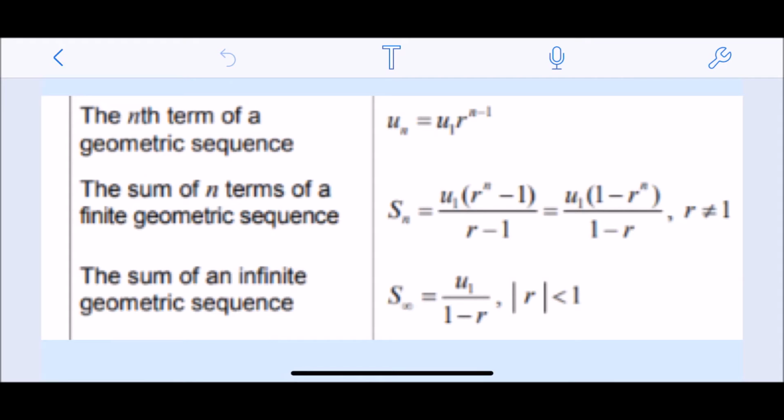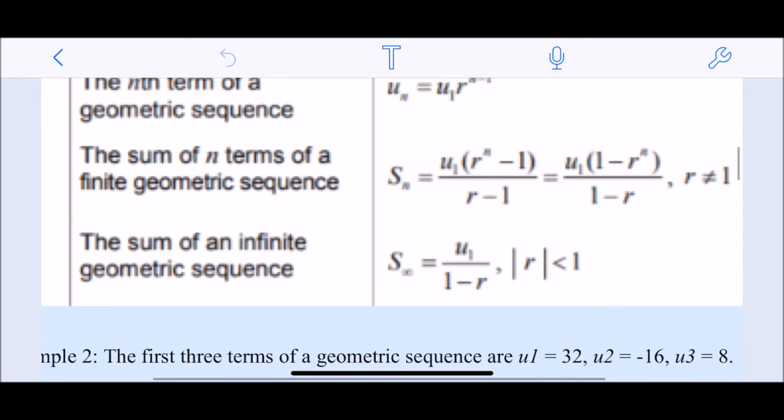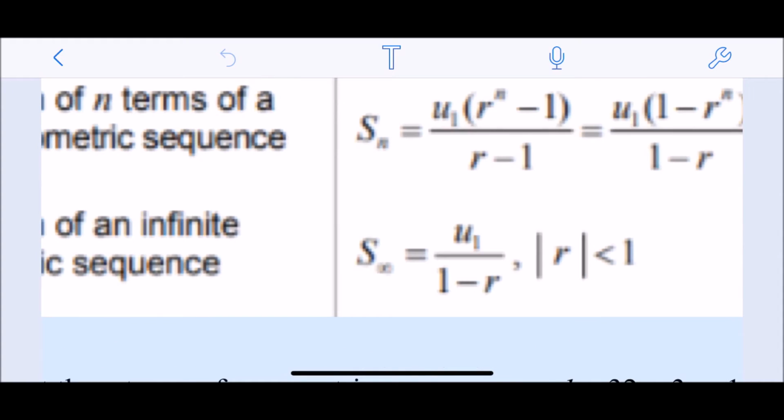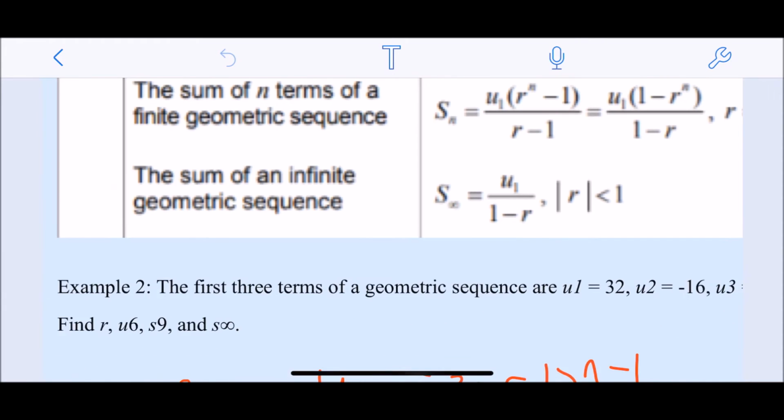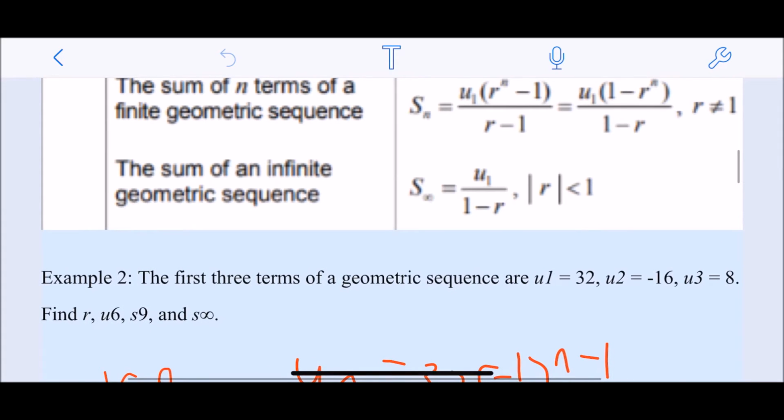The formulas here for the nth term of a geometric sequence are u sub n equals u1 times the common ratio raised to the n minus 1. The sum of n terms of a finite geometric sequence is u1 parentheses r to the n minus 1 divided by r minus 1, and it can be rewritten as you'll see to the right, but I will be using the method to the left.